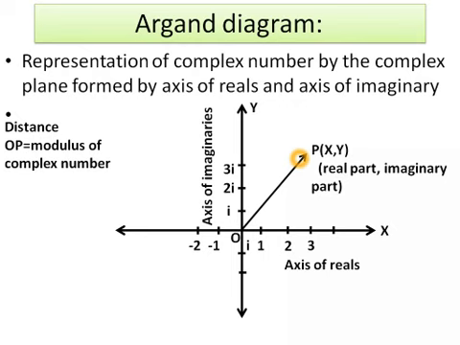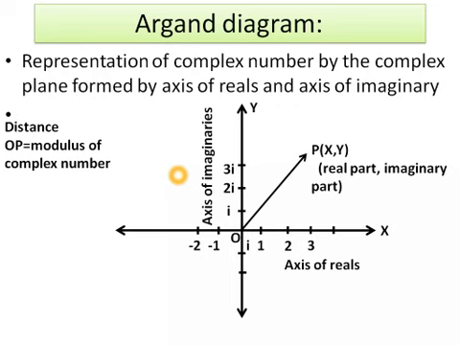So if we consider this point P over here, then in that case it will have positive values of x as well as y. If we shift towards the next quadrant, then the y coordinate will be positive while the x coordinate is negative, and the remaining will all change like our usual number line.